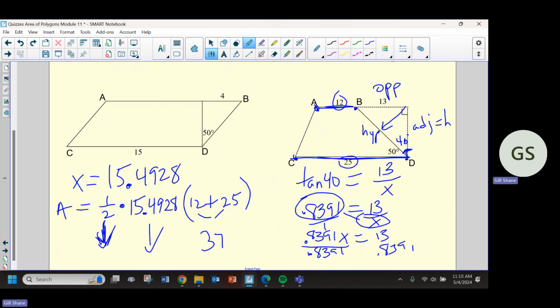We just bring these down. So 1/2 times the 15.4928, and then times the bases added together. Again, that's just the formula. And that'll give you your answer.